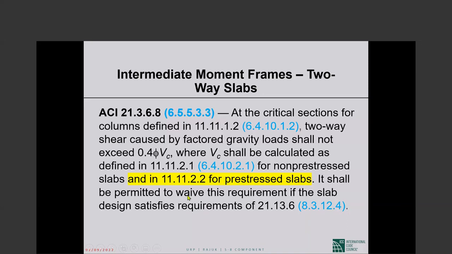You don't have to live with this limitation of 40% phi times V sub C if the slab design satisfies 21.13.6, very, very important section. So we have a severe limit on punching shear caused by gravity, 40% phi times V sub C. At the same time, we have a waiver. You don't have to live with that limitation if you satisfy 21.13.6.